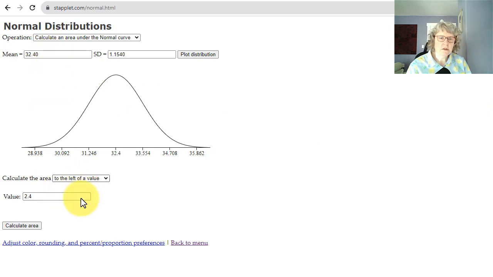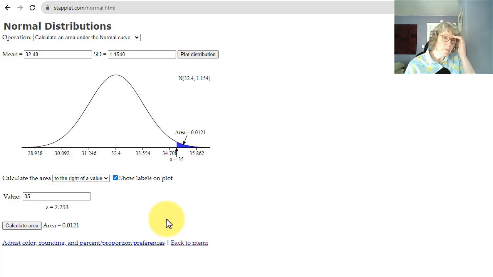So now we're going to the right. 35, calculate area. And remember that whether it has the equal sign or not doesn't change the value mathematically, because for a single value there's no width of a rectangle, so there's no area to a single value.